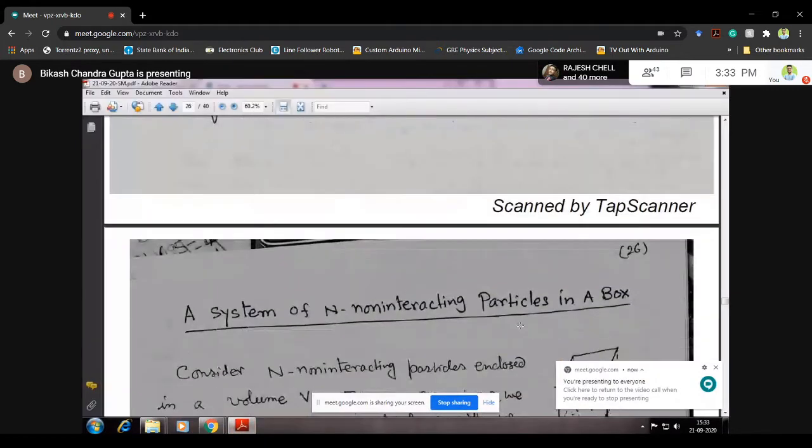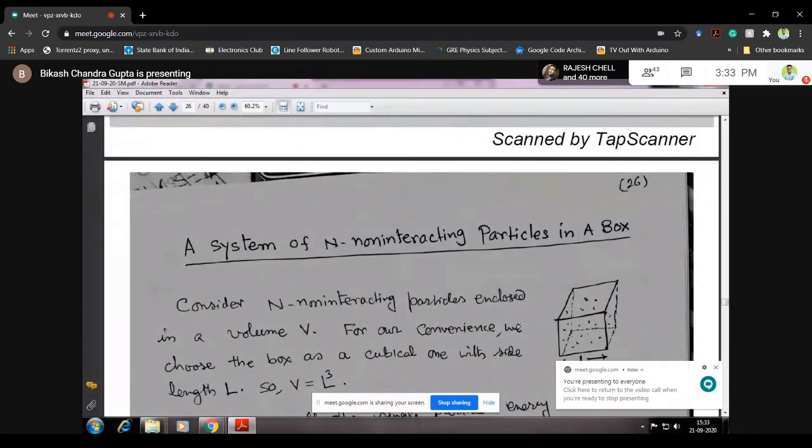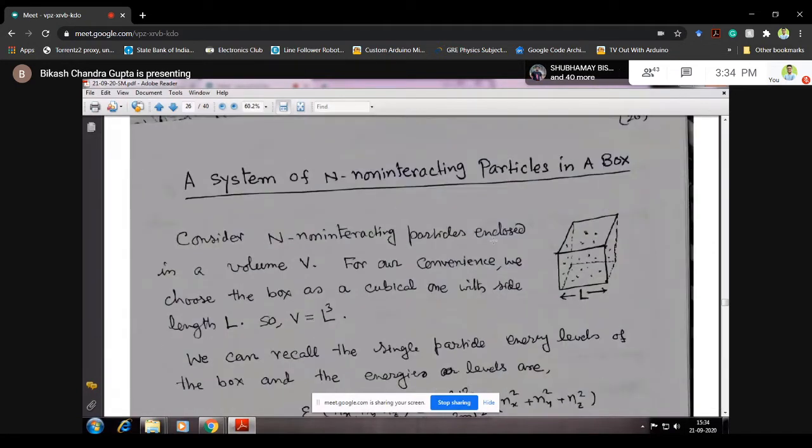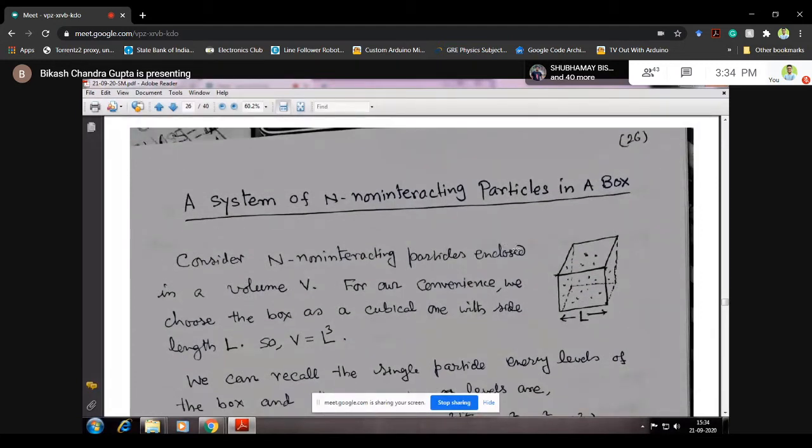Well, now let's look at a system of n non-interacting particles. Actually we will keep on going and testing whether our statistical approach can reproduce many relations that have been existing in the era of thermodynamics, and that is what we are going to do one after another. Now, a system of n non-interacting particles in a box.